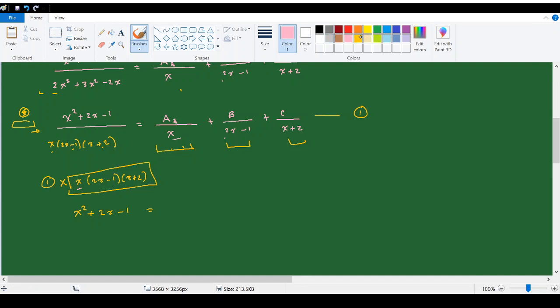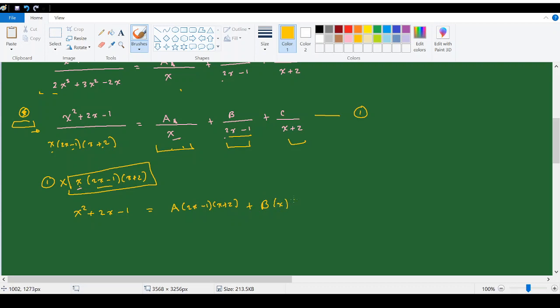So what will remain is a times 2x minus 1 times x plus 2, because this x will cancel out. For b, the second term, this term along with this term will cancel out, so what will remain is x and x plus 2.